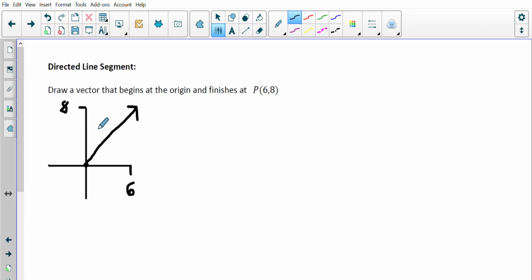And I could call that vector V, I guess. So a little vector symbol with an arrow on top of it. And so I could say that point P here is equal to vector OP, from the origin to the end at P, which in this case is vector V.